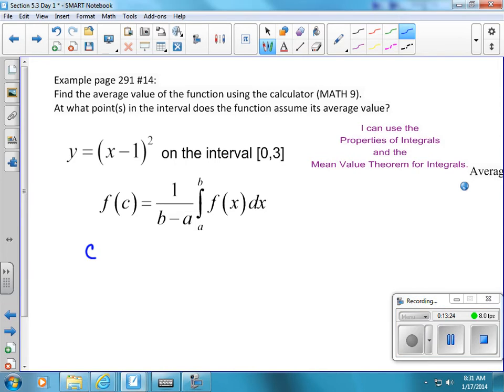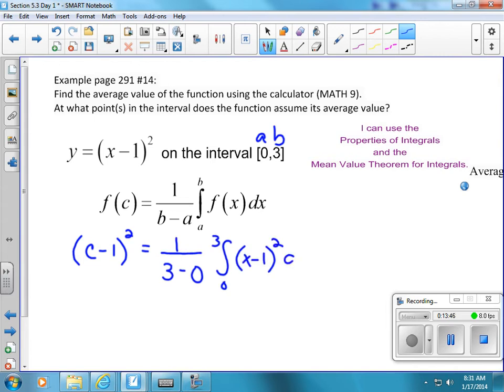So all we're going to do is c minus 1 squared over here equals 1 over, this is a and b, 3 minus 0, the antiderivative, 0 to 3, of x minus 1 squared dx.